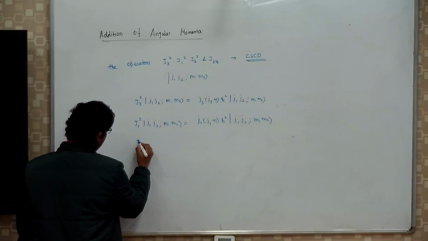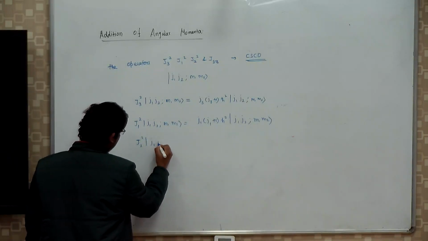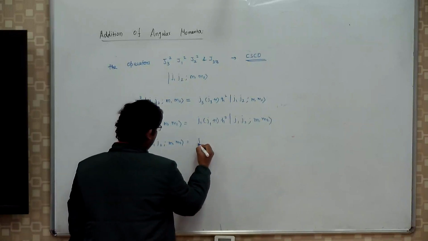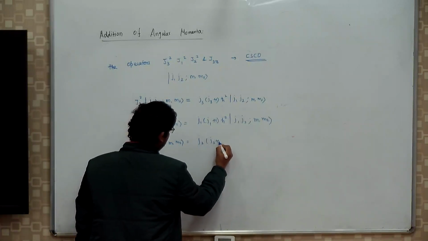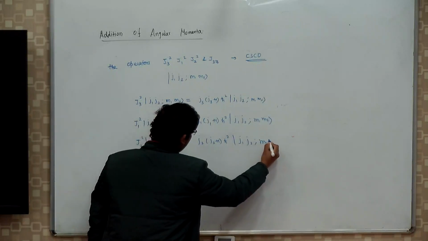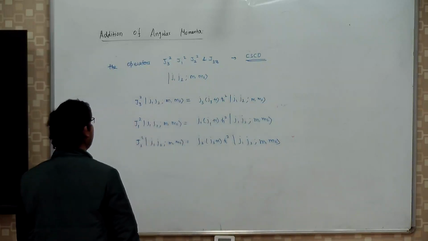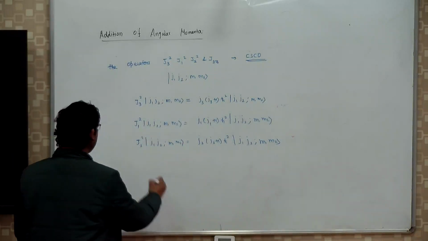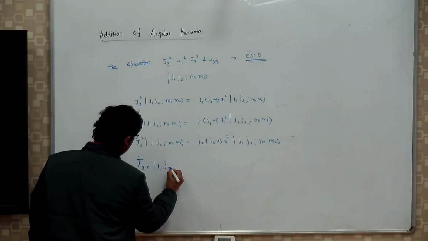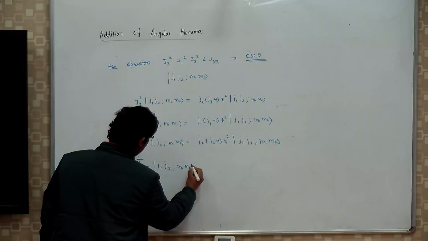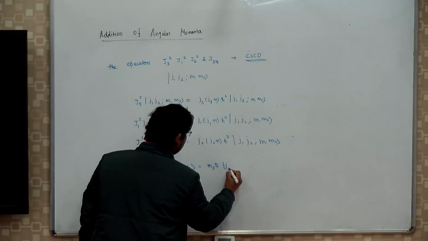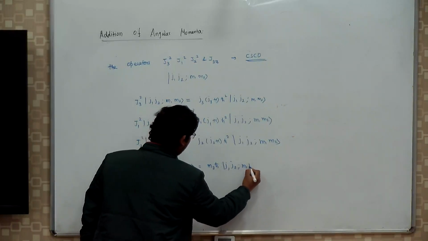Then when you come to write J2 squared acting on this state vector, we will get J2 of J2 plus 1 h cross squared J1, J2, M1, M2. Then J3Z, if it acts on this combined state vector, will give M3 h cross J1, J2, M1, M2.